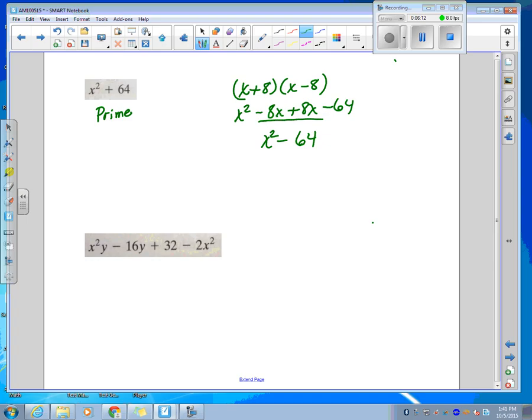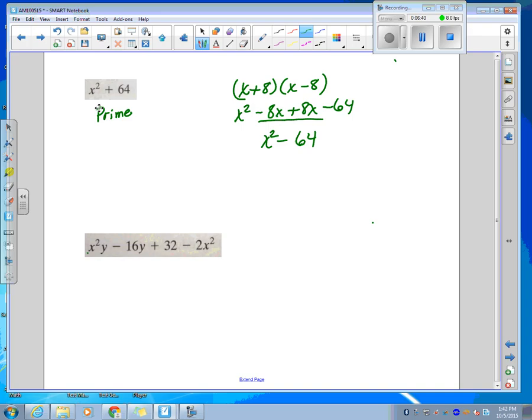So this will not factor as x plus 8 and x minus 8. So it's kind of similar to the sum of cubes problem that we did earlier. Those middle terms need to cancel, and that's why this one's prime, because the sum of cubes won't cancel that way.